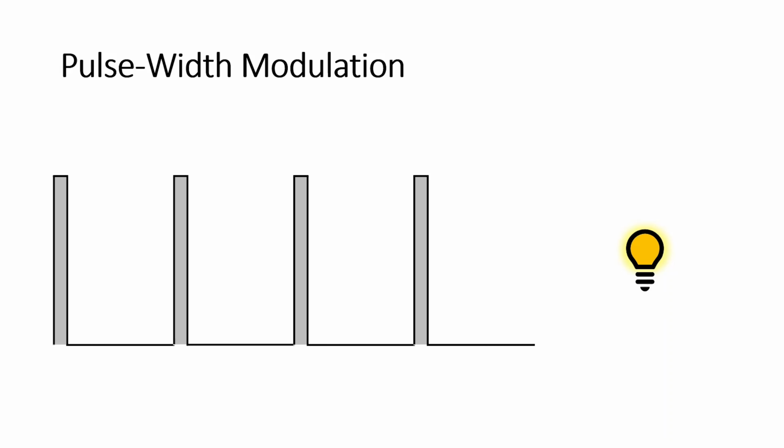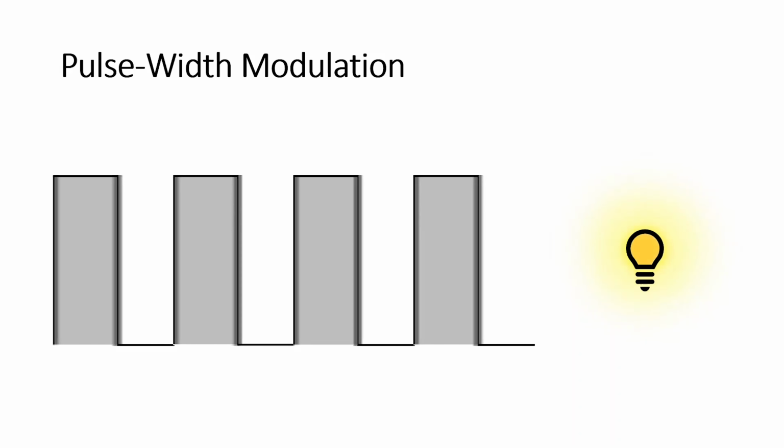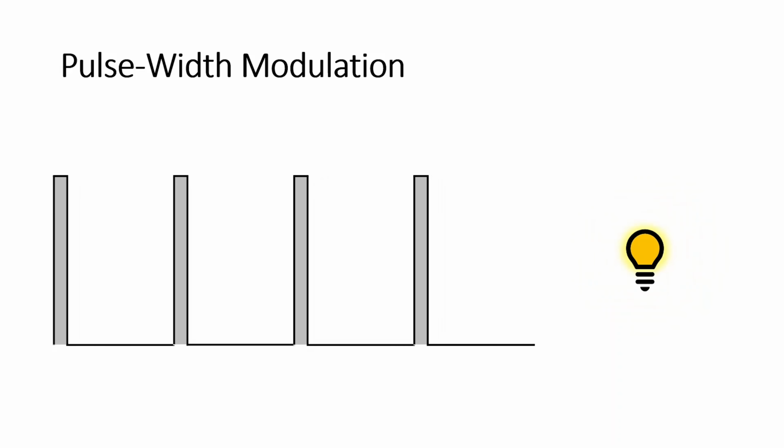You see there are only little gray areas and the lamp is pretty low lit. When you now increase the time where the signal is on, the gray areas get larger and the lamp gets brighter. And now it's low light again. So this looks very nice.